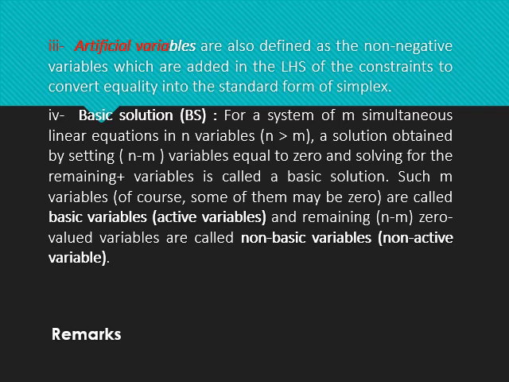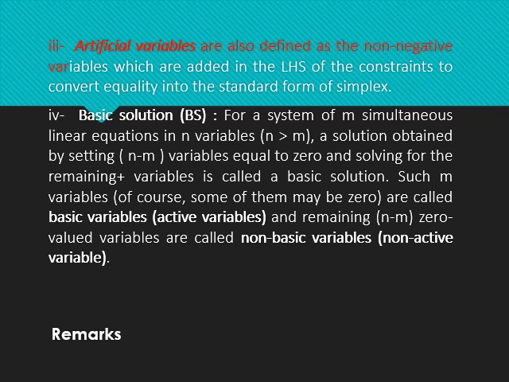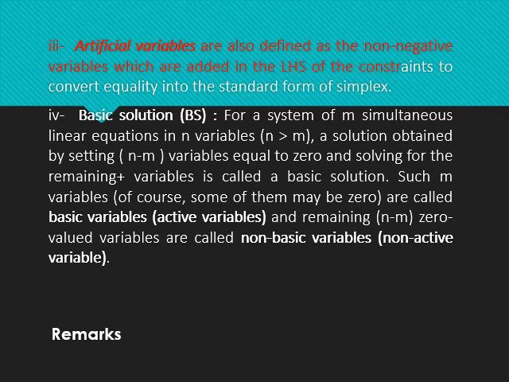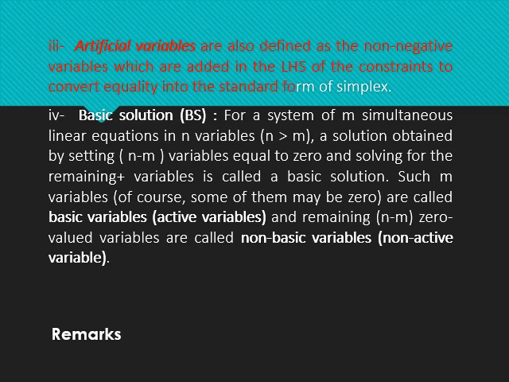Artificial variables are also defined as non-negative variables which are added in the left hand side of the constraints to convert inequality to the standard form of simplex.